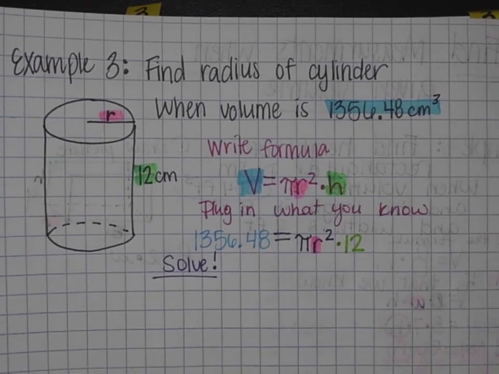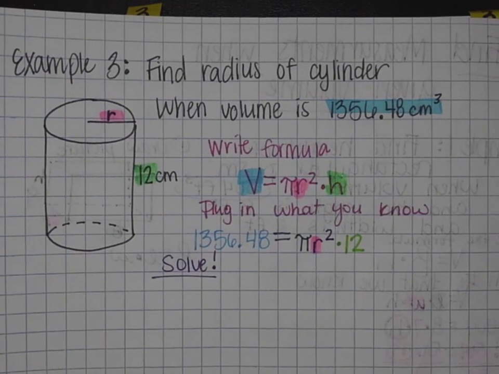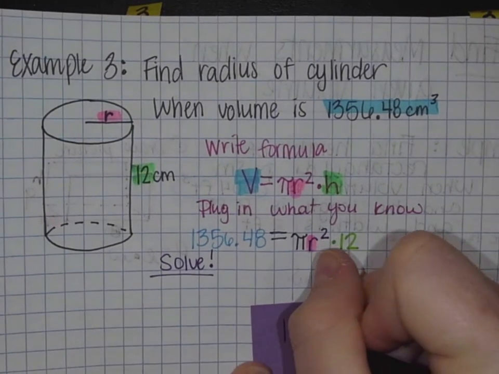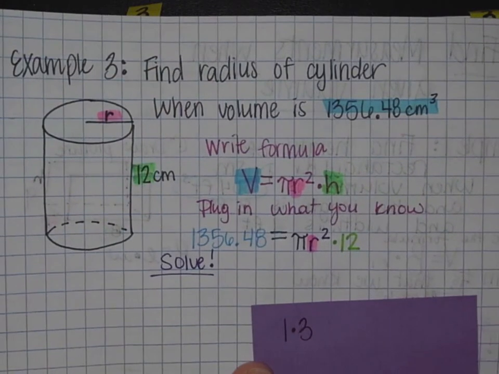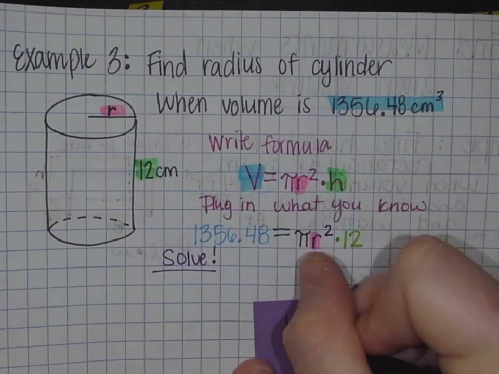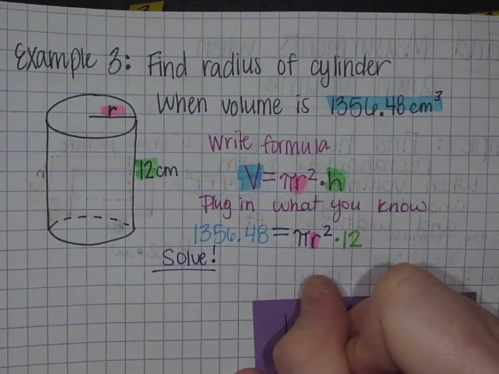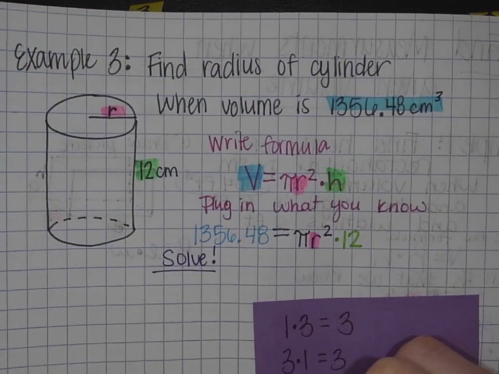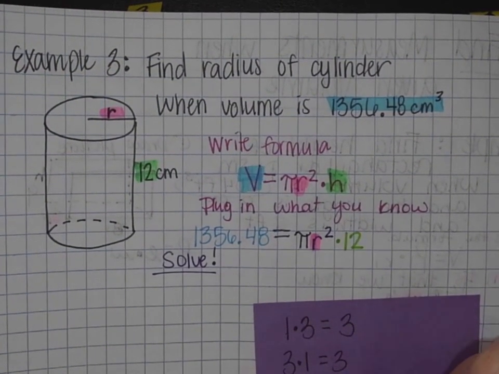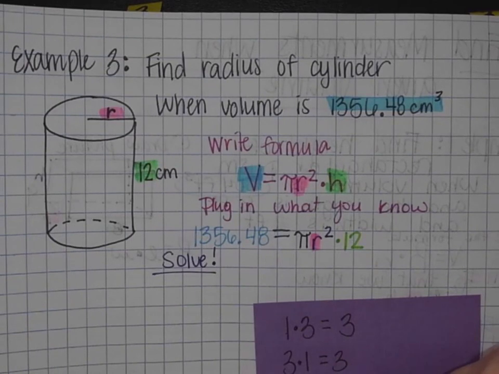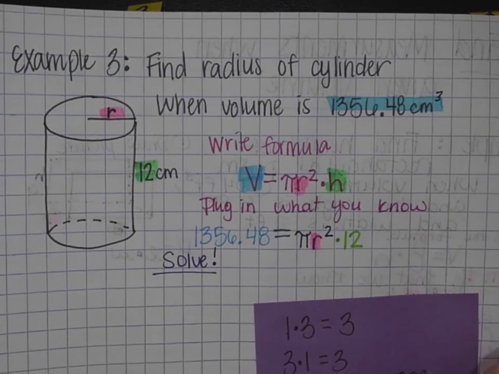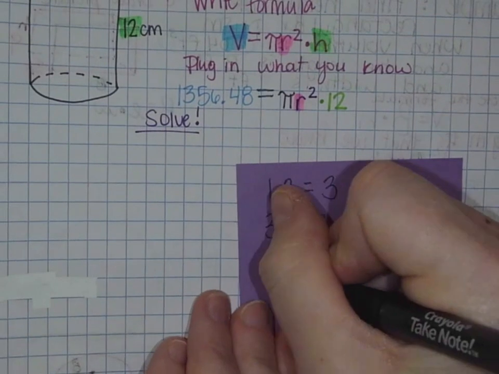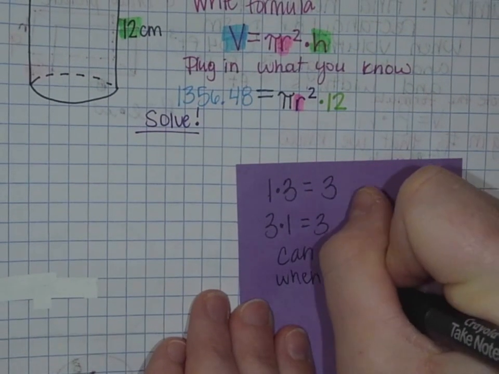Now remember, and this is just a little side note, to remind you of some math facts: 1 times 3 is 3. 3 times 1 is also 3. So we can rearrange when multiplying. I can't spell, sorry.